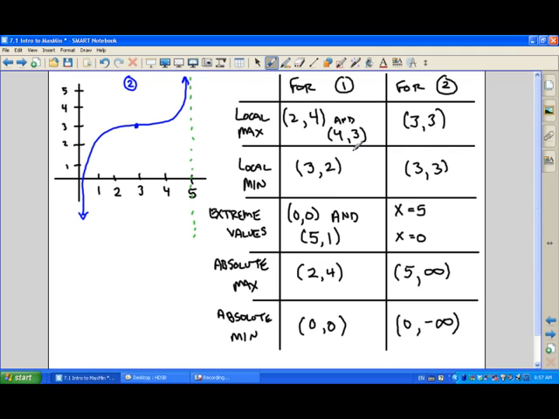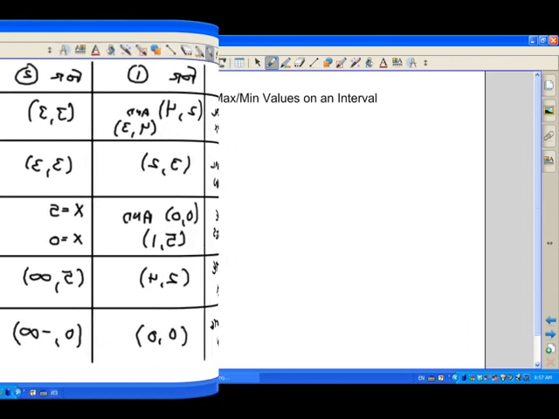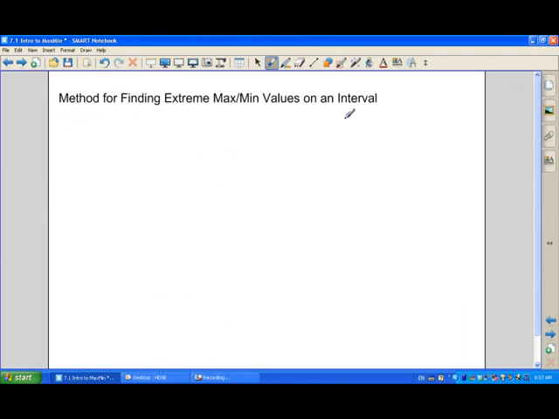So being able to do this from graphs is well and good, but we need to find a way to do this just from equations. So our method for finding extreme max and min values on some interval between a and b is as follows. We're going to calculate the value of f of x at two different places.